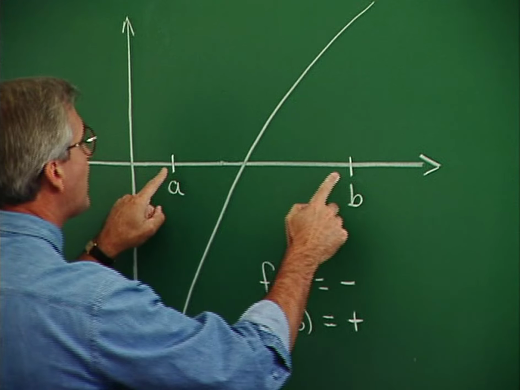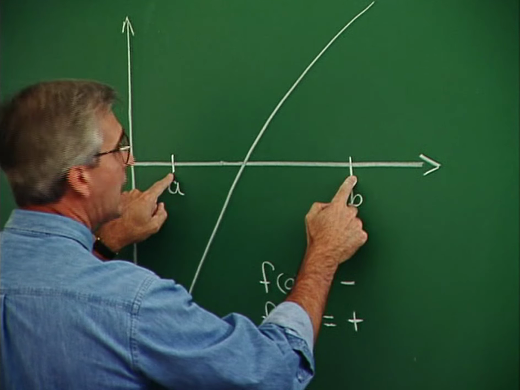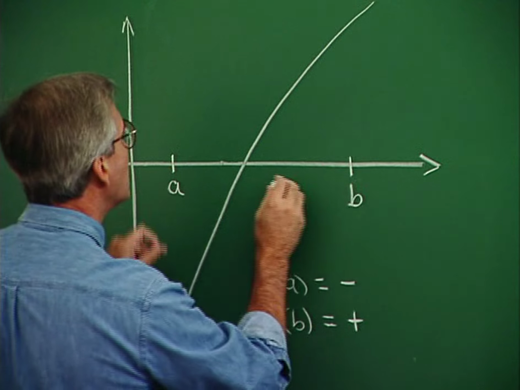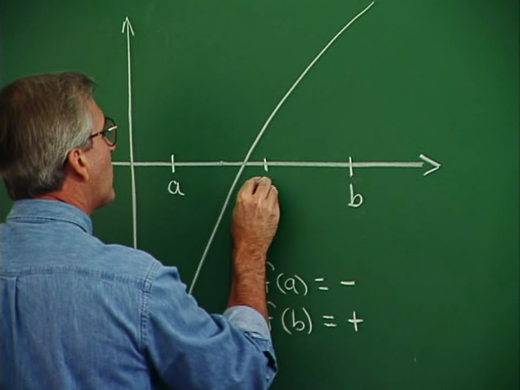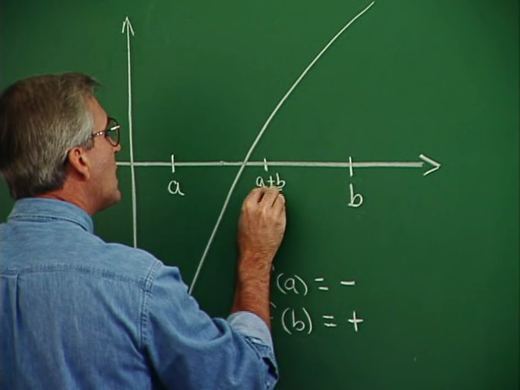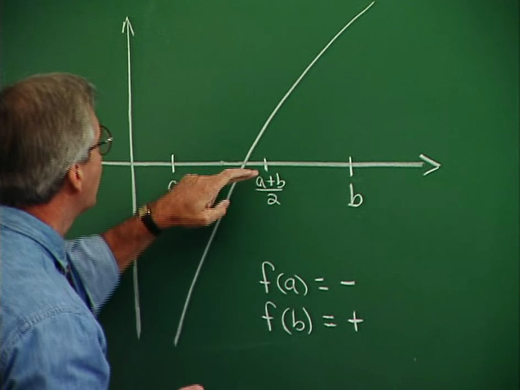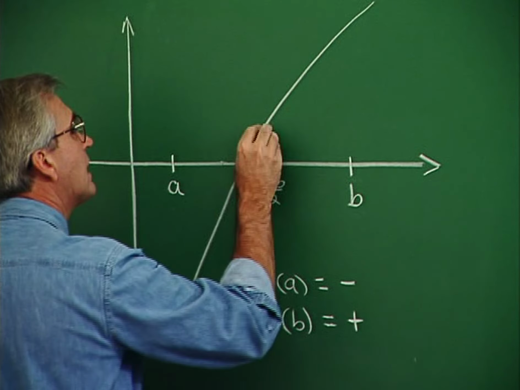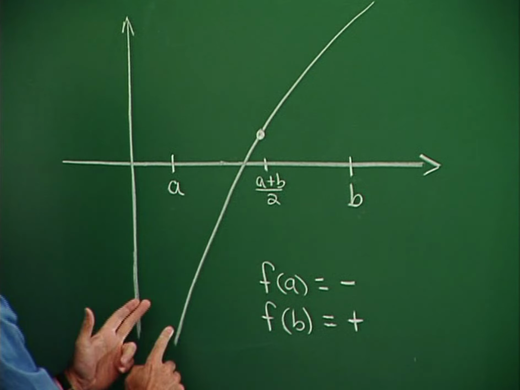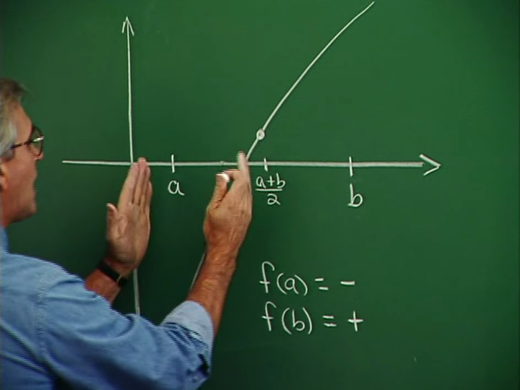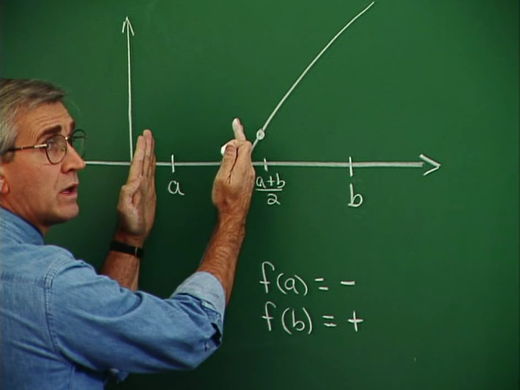I was thinking about the middle point between a and b. It would be (a+b)/2. So we would find that midpoint. Let's say it's right here. So this is the point (a+b)/2. And we would take f of that point, and we would find that it's positive. And we know that f of this left side endpoint is negative, so now we have another interval in which we can work.